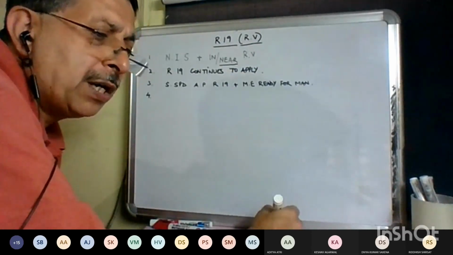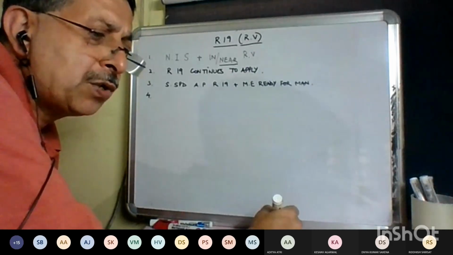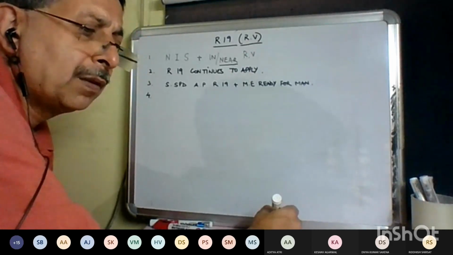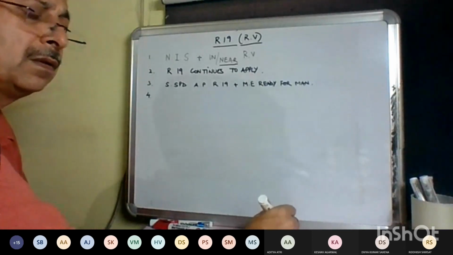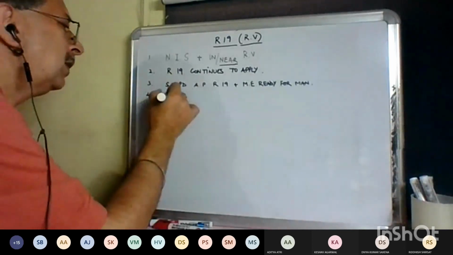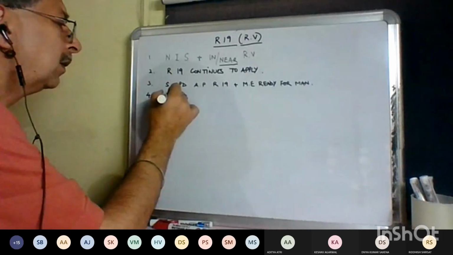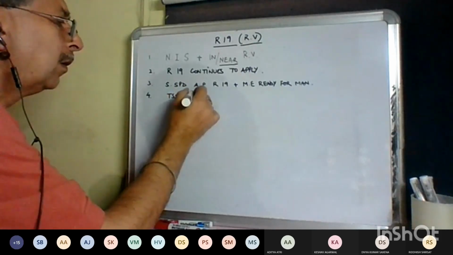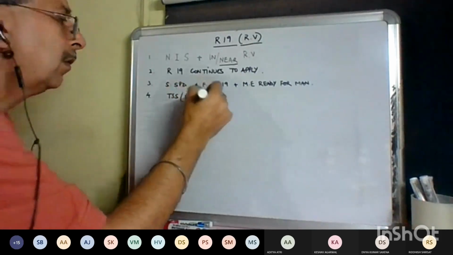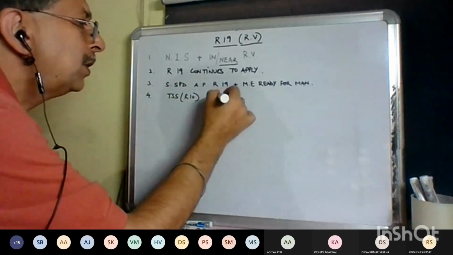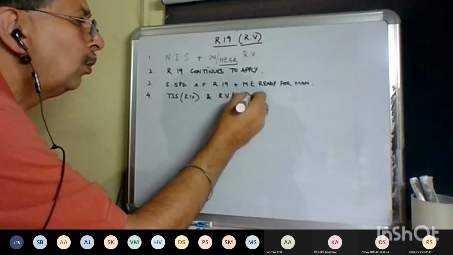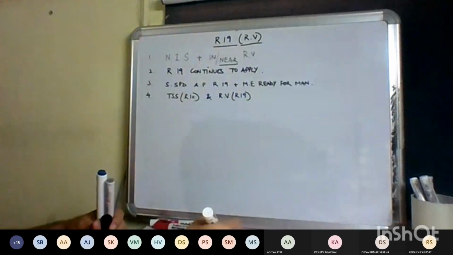Every vessel shall have due regard to the prevailing circumstances and conditions of RV when complying with the rules of Section 1 of this part. That means when a vessel is in a TSS, Rule 10, and she is in RV, Rule 19, which rule will apply?